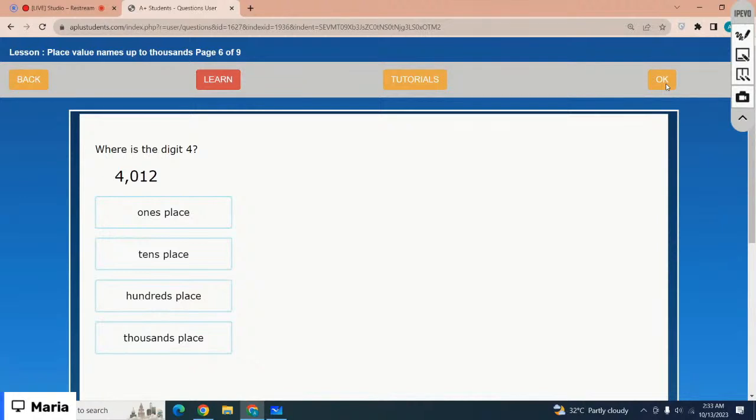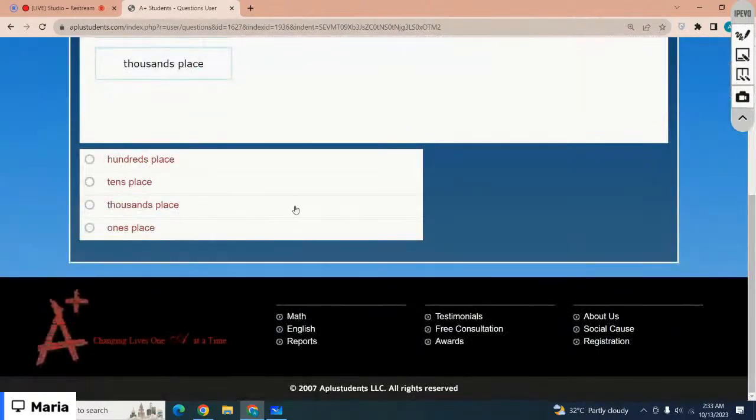The correct option is thousands. 4 is at the thousands place.